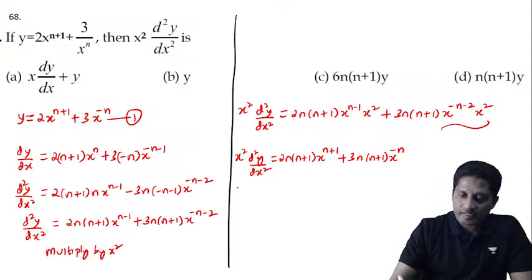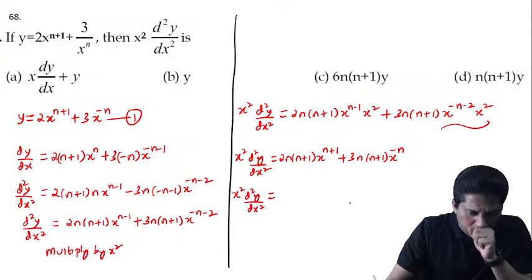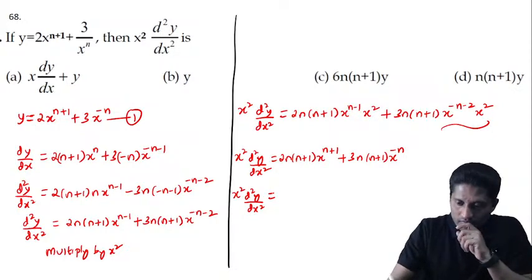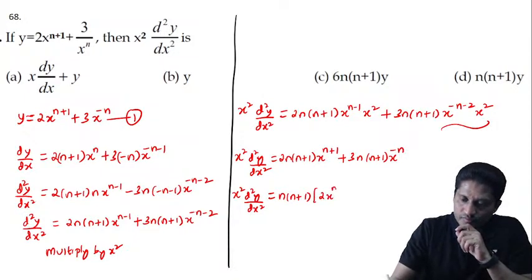This is from, suppose x square into d square y upon dx square is equal to n into n plus 1 common. Left out is 2 into x to the power of n plus 1 plus this is 3 into x to the power of minus n.